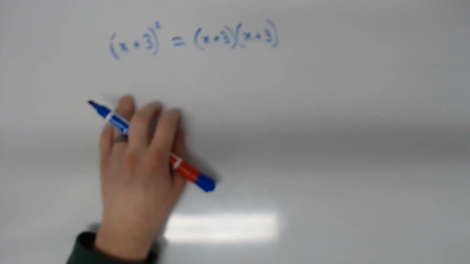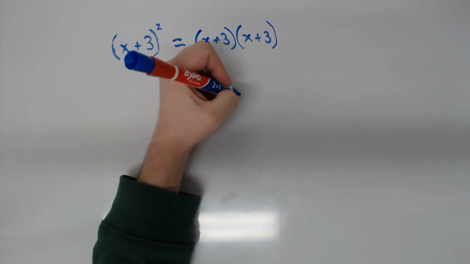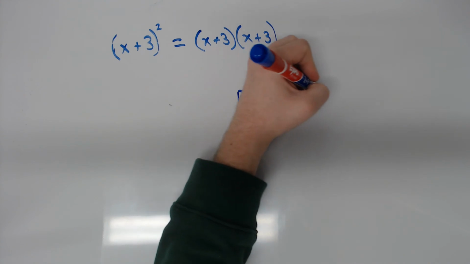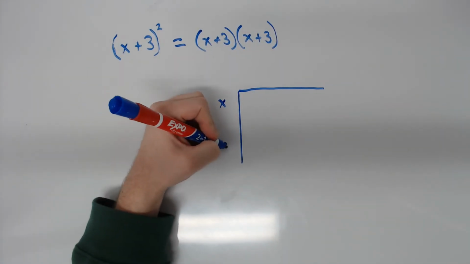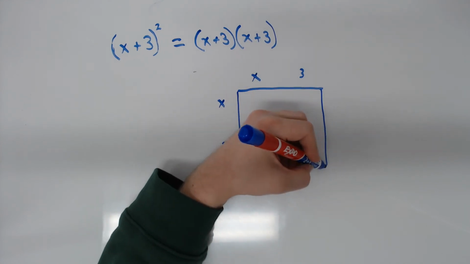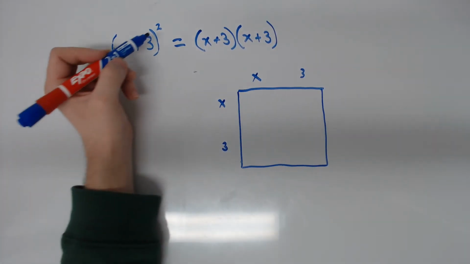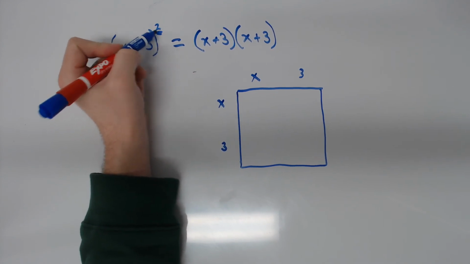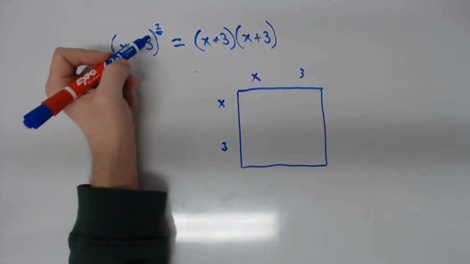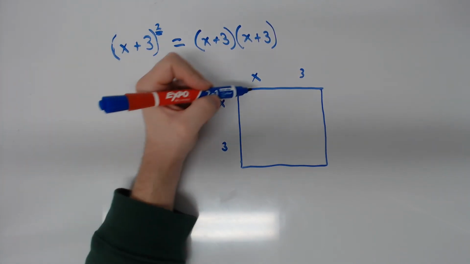Now, based on what we've just done in this lesson, we should know how to handle that. I'm going to draw a box. One side's an x plus a 3. The other side is an x plus a 3. And when the sides are the same, it is a square. Ooh, I wonder why we call this squared instead of to the second power.